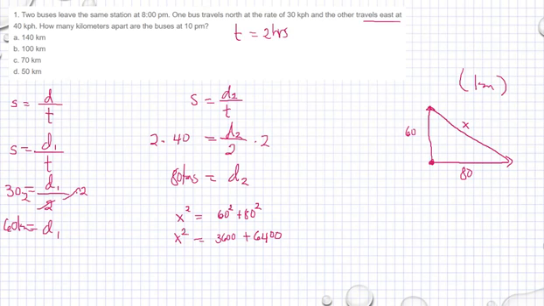That gives x squared. And then we take the square root of both sides of the equation. Then x is equal to the square root of 10,000, and 10,000 is equal to 100 squared. So we have 100. Then the answer is 100 kilometers.